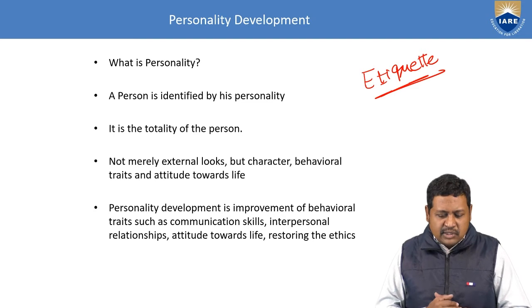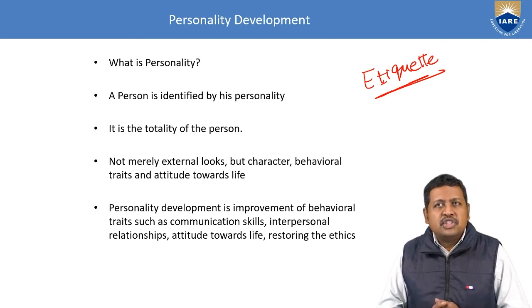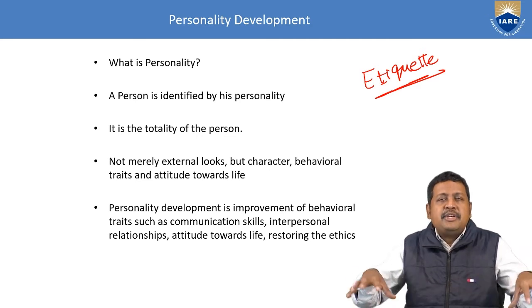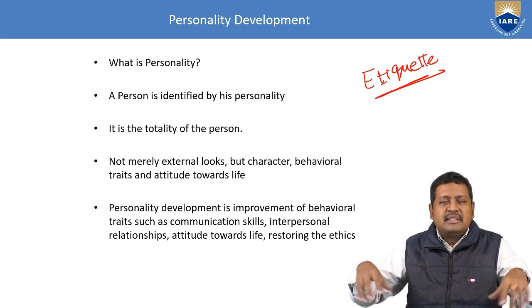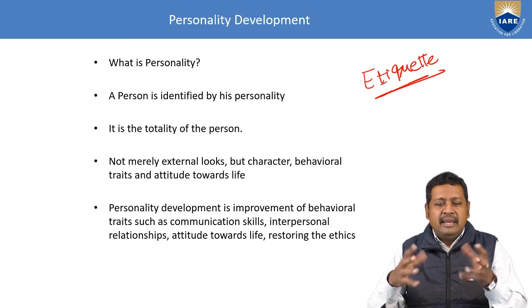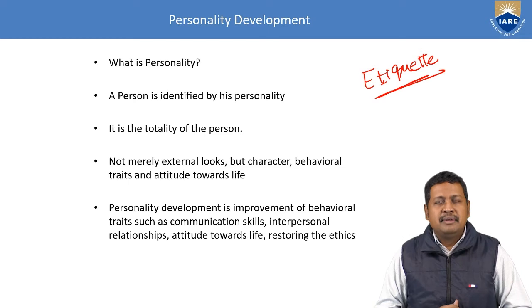In this slide, by interpersonal relationships, I mean relationships within the team members, or within the family members if it is a family, within the team members if it is a team, within the colleagues if it is an office. That is interpersonal relationships.